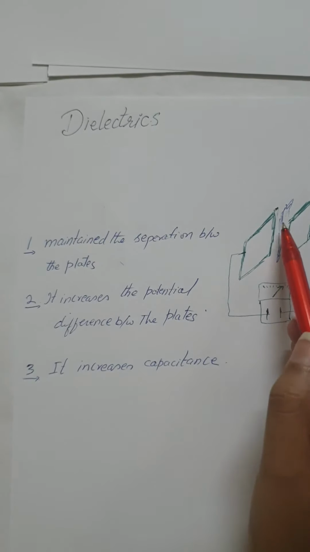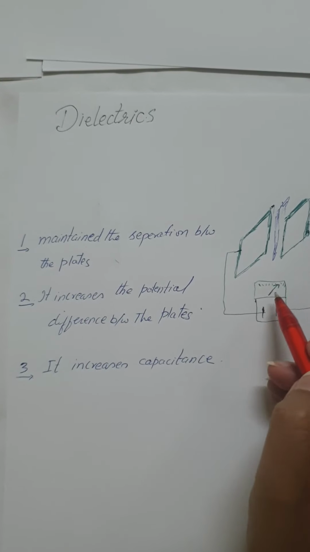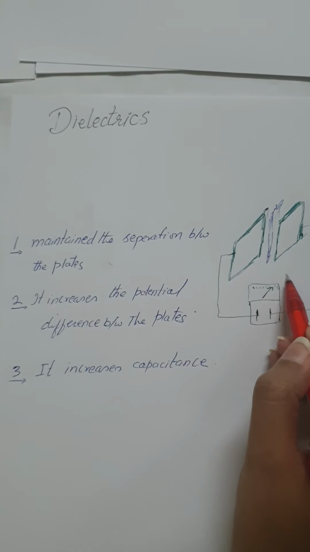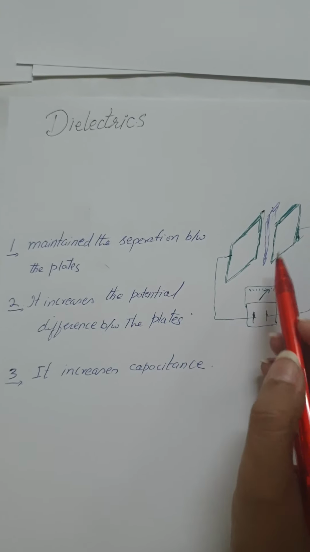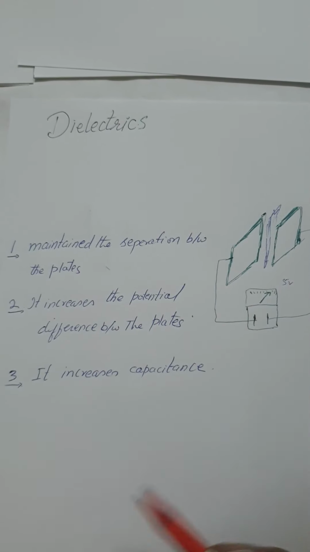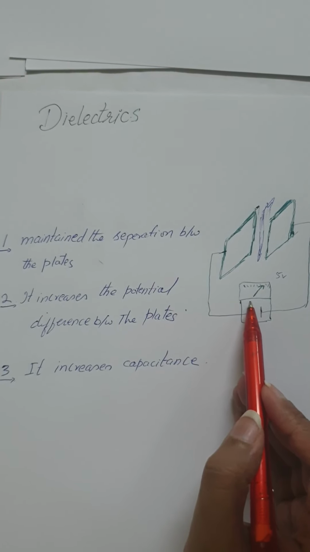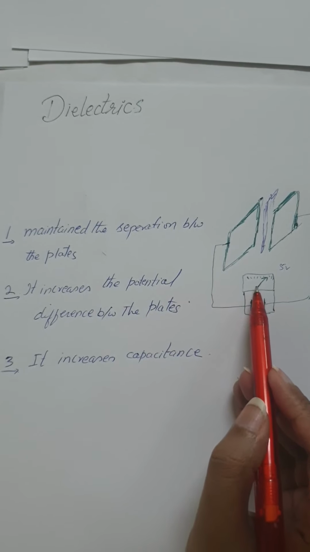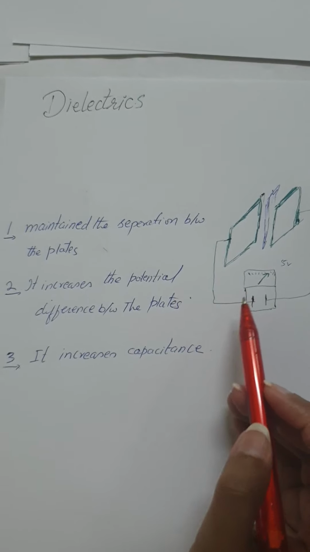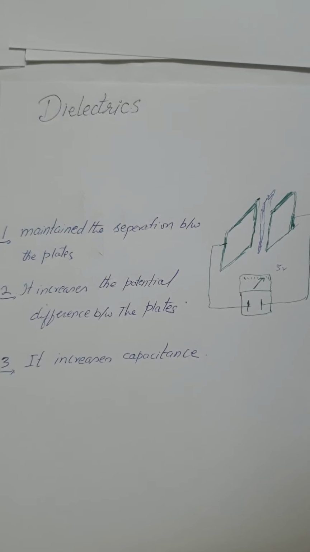When there is no dielectric medium, the potential difference was showing some value, let's suppose 5 volts, and when we insert a dielectric in between, the electrometer flips to the other side, which shows that the value of the potential difference changes, and when the potential difference changes, the value of the capacitance also changes.